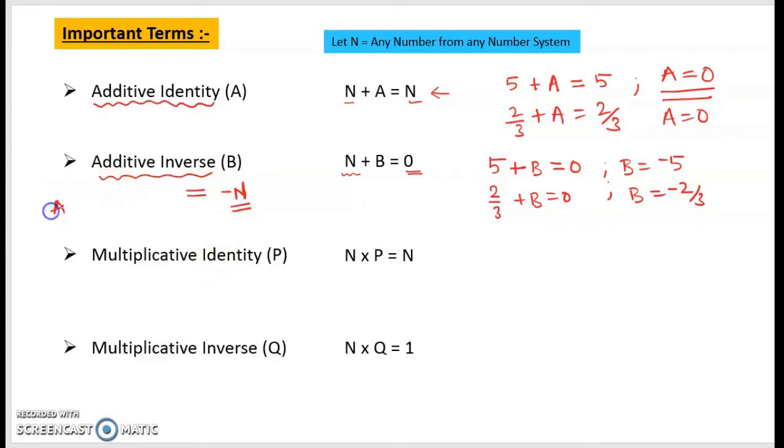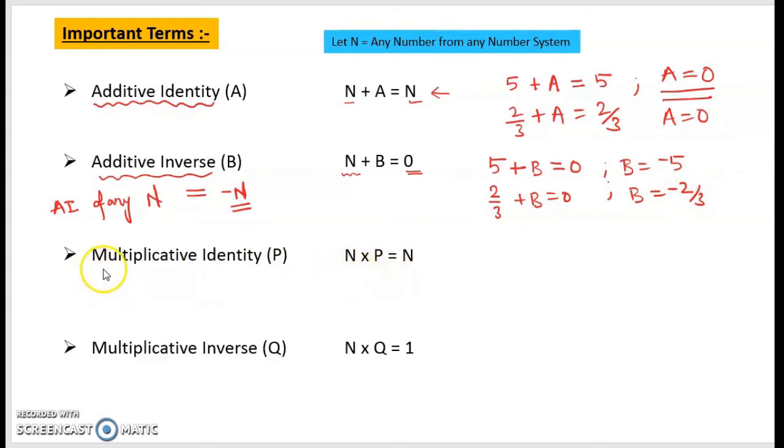So additive inverse of any number n is minus n, like we have seen here. So additive inverse of 5 is minus 5, additive inverse of 2 by 3 is minus 2 by 3.